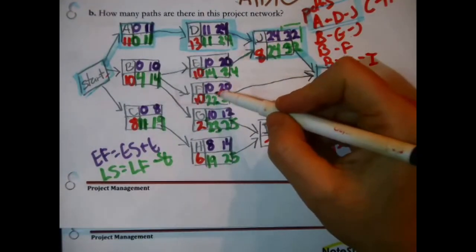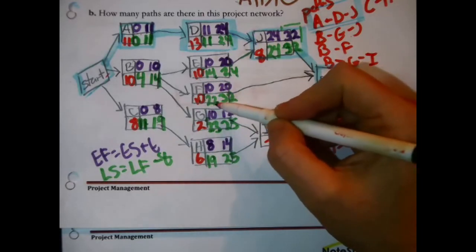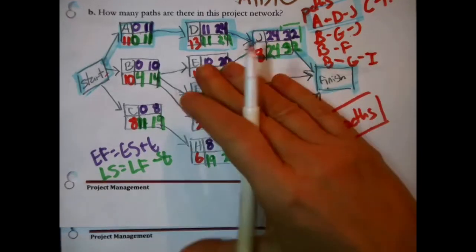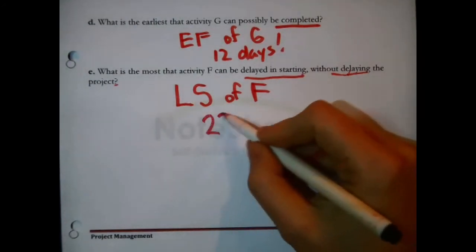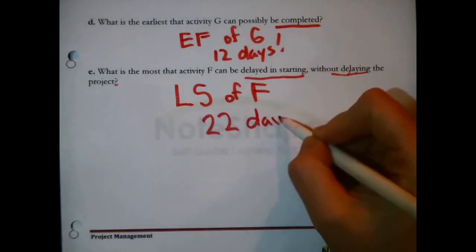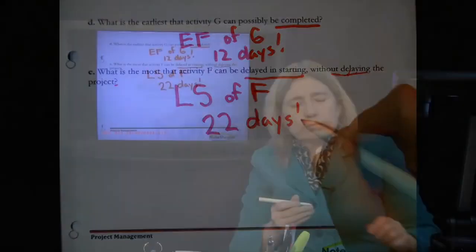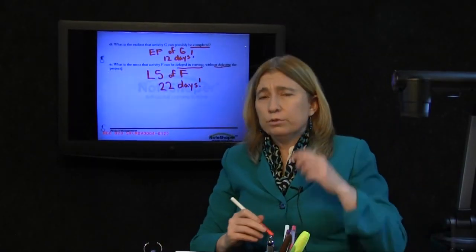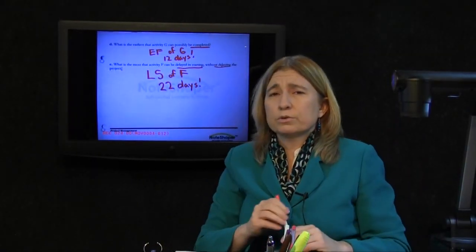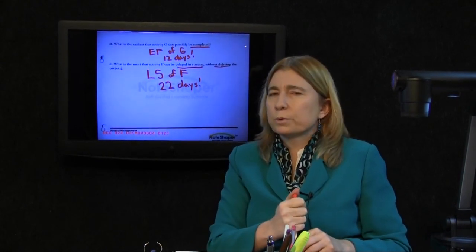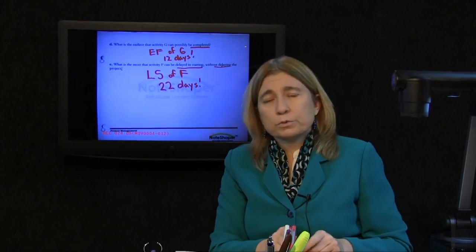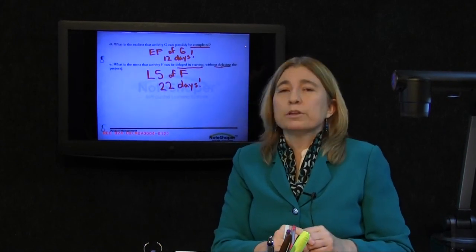Late, bottom row, start, right there, 22. In the case of activity F, you could get started on that as late as 22 days from now, and theoretically, if nothing else went wrong, you would still be finished with this entire project on time in 32 days.